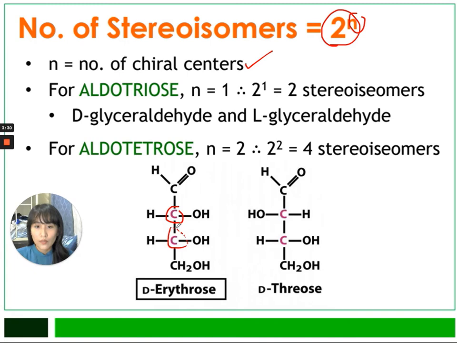But for an aldotriose, meaning there are 3 carbon units in the carbon chain, since there is only 1 chiral center in that monosaccharide, you will only get 2 stereoisomers. An example is D-glyceraldehyde and L-glyceraldehyde, which was given a while ago.